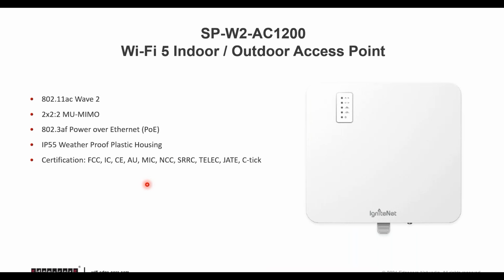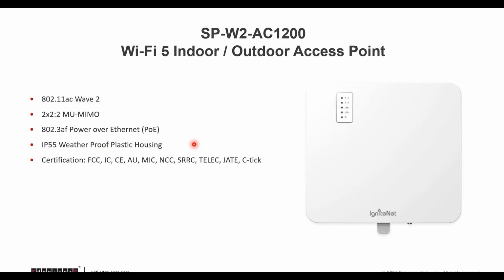And the last one, the SP-W2-AC1200. It is Wi-Fi 5 and can be regarded as an indoor or outdoor application, so you can also call this a semi-outdoor product. Wi-Fi 5 with 2x2, powered by 802.3af, and it complies with IP55 weatherproofing. It's a plastic housing, so very, very light.